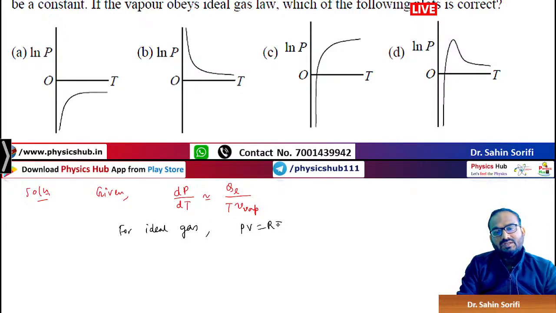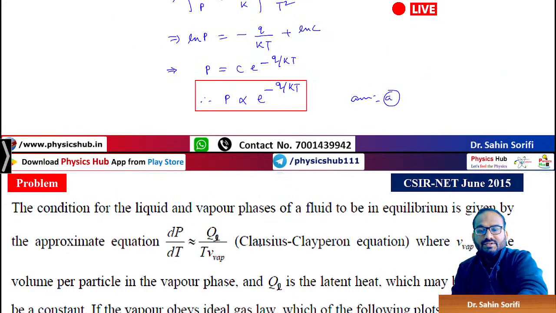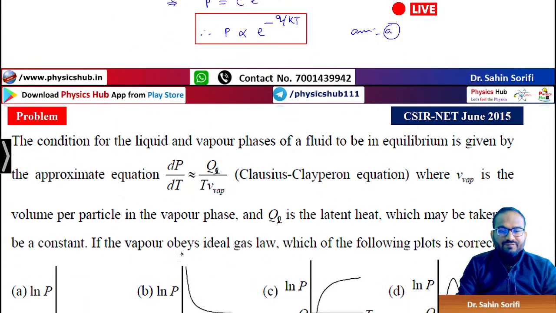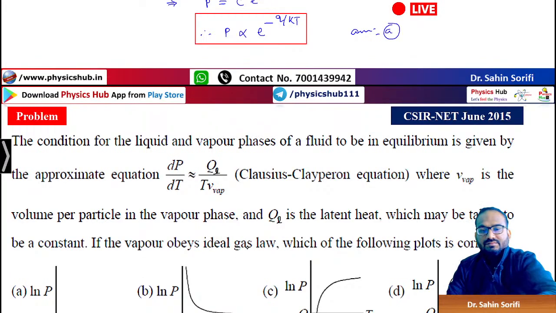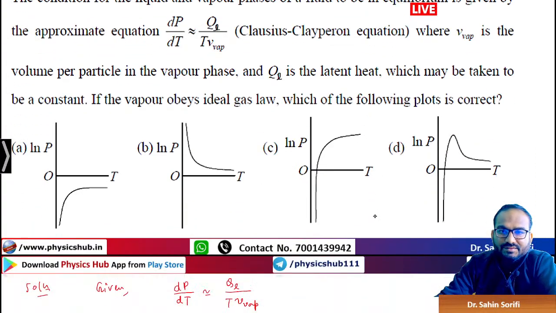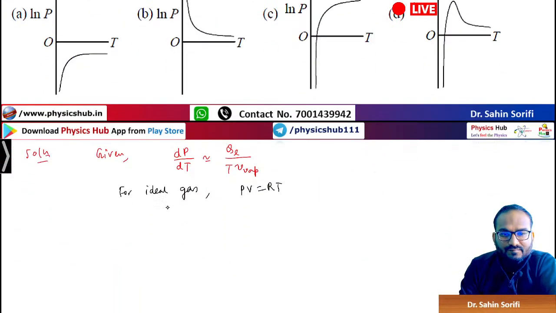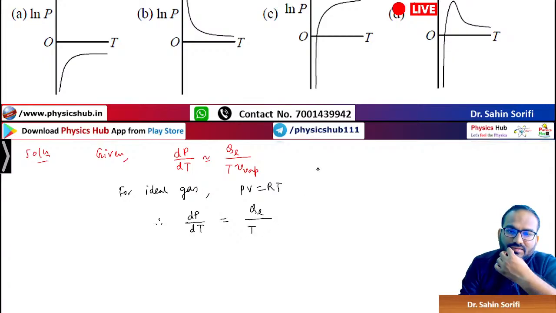PV is equal to RT because the vapor obeys the ideal gas law, so we can apply PV equals RT, and hence dP by dT becomes QL by T times, since V vap is equal to RT by P, RT square, and P is going up.